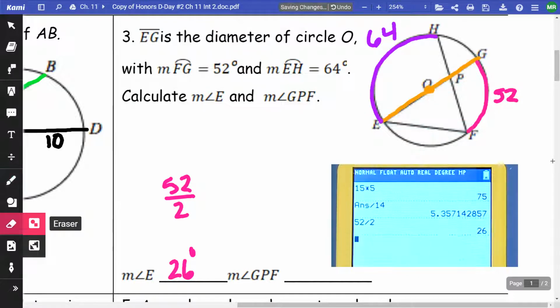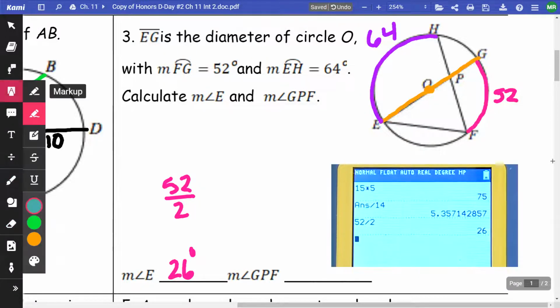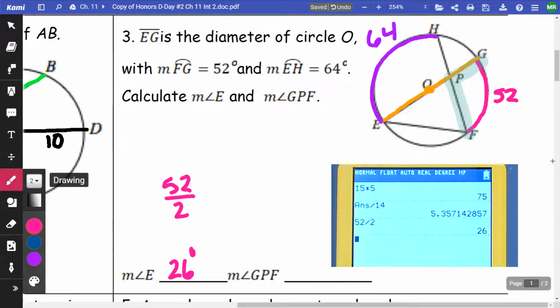Then what I'm going to do for the other one is I want to find angle GPF. So GPF is formed by two chords, EG, which actually is a diameter, and FH here, intersecting inside the circle.